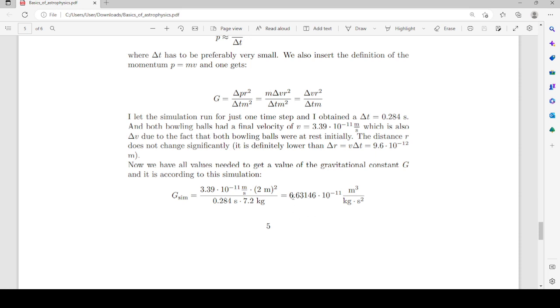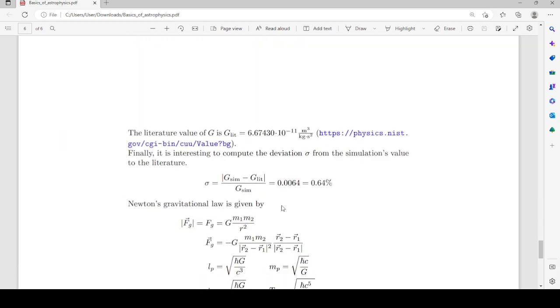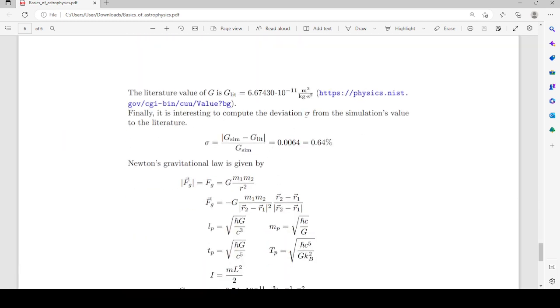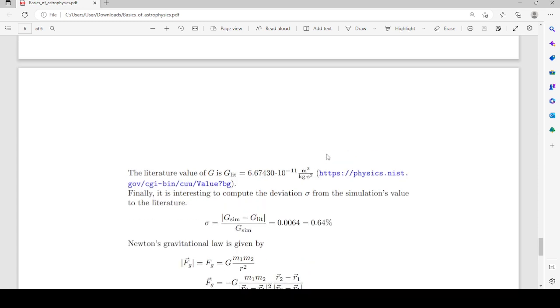Inserting all of these values, we got 6.63146 times 10 to the negative 11, which is not that bad and does not deviate much from the literature. I have stated a link over here. The deviation between the simulation and literature was only 0.64%.